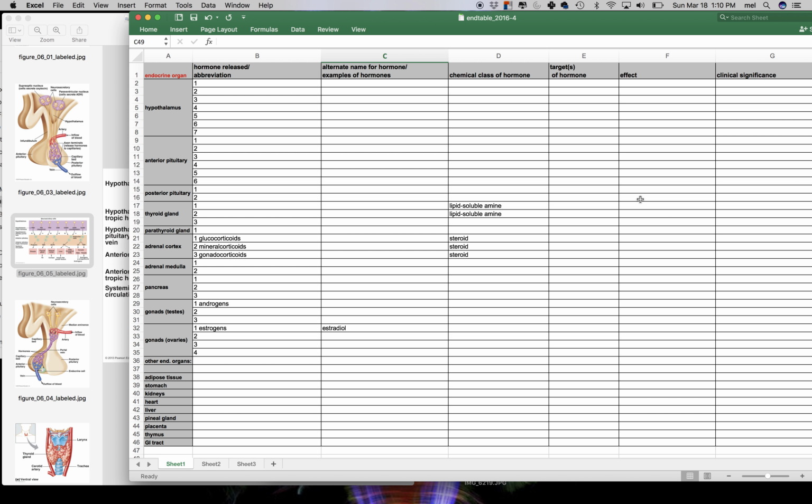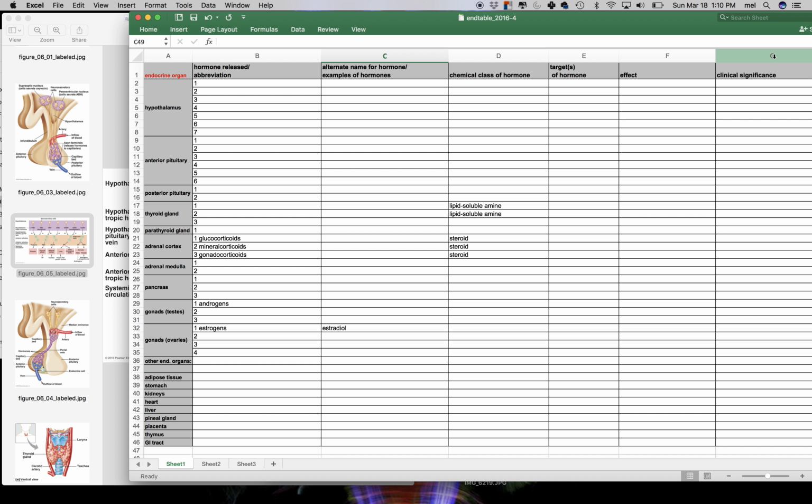If you get everything else done, you can leave the effect for class. Then you'll be able to say, okay, I know what GHIH does. GHIH comes from the hypothalamus, goes to the anterior pituitary, and it's called growth hormone inhibiting hormone. The effect that I will teach you, unless you want to go through the videos now, is it inhibits the release of growth hormone.